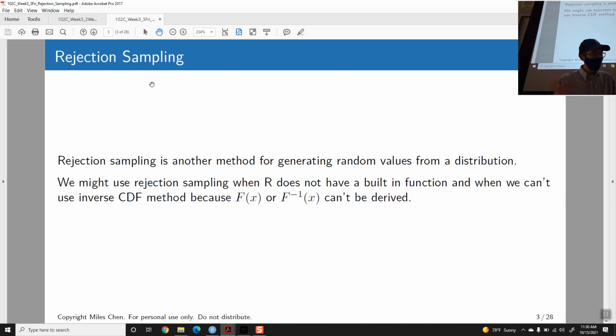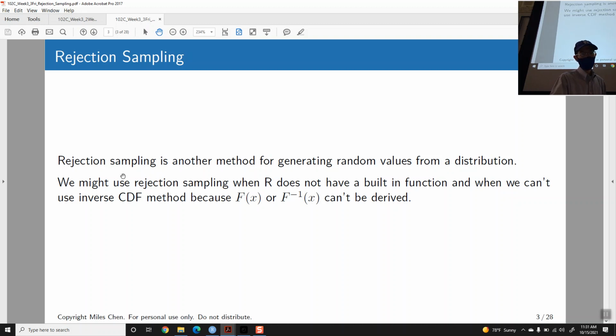And again, we might use this if we need to generate values from some function that doesn't have a built-in generation function in R. So it's not like rbinom or one of the values that R already has built in. If you can use inverse CDF, if you can figure that out without too much trouble, I would recommend that.